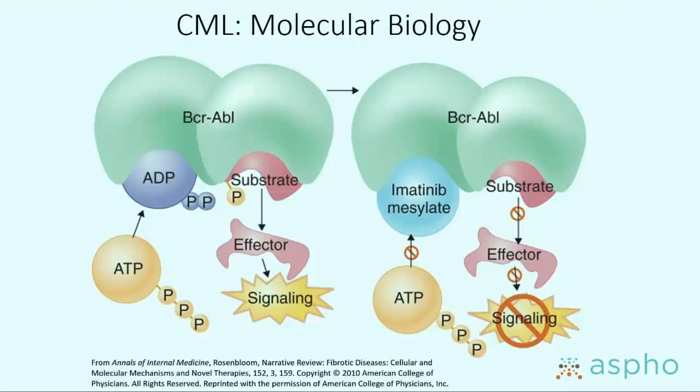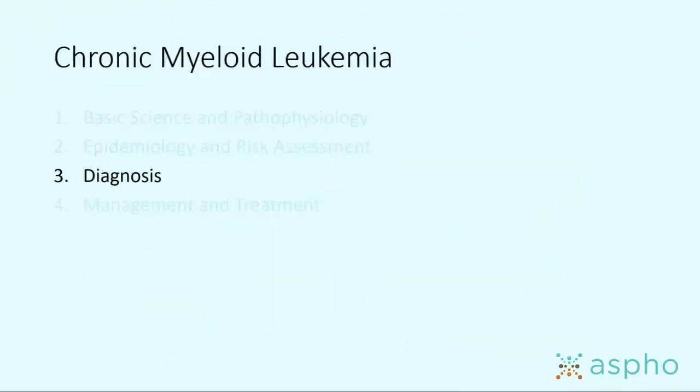The way that downstream signaling works is through phosphorylation, and it requires ATP to bind to the kinase and then give its phospho group and then come off as ADP. The way Gleevec, imatinib, and all the other TKIs work is they sit in that ATP binding pocket and prevent ATP from binding, and that turns off the downstream signaling. Patients get better. Okay, so how do we diagnose CML?